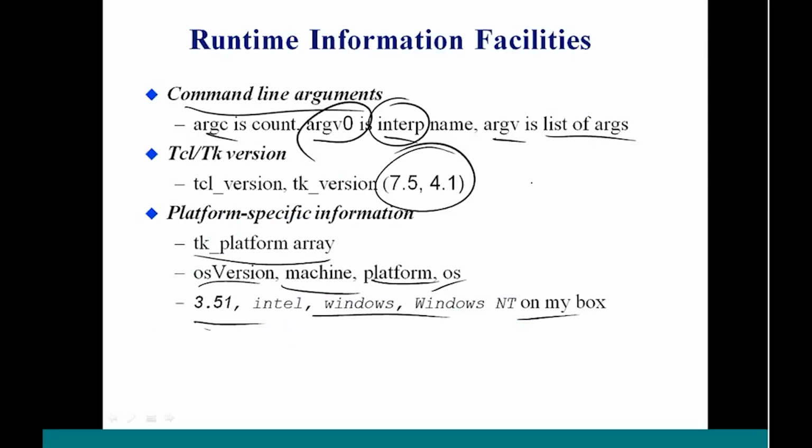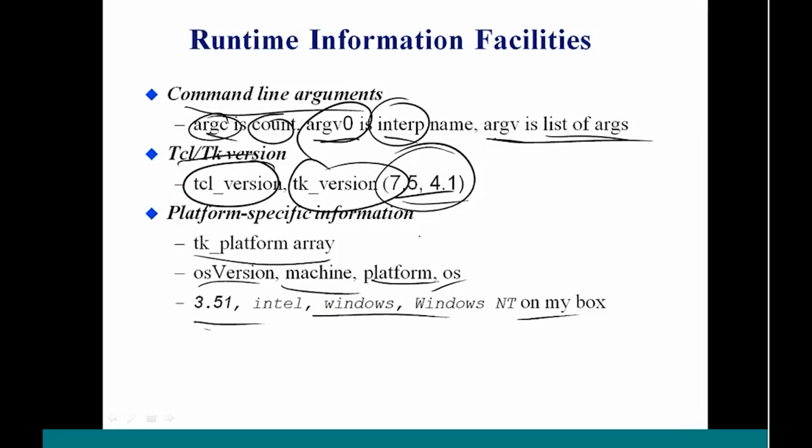So if we query argc, that gives you the count, and then the first argv is the interpreter name, and the remaining is the list of arguments. And then you can also query for the Tcl and Tk version. The commands are tcl_version and tk_version, and they can print out numbers like 7.5 and 4.1 respectively.